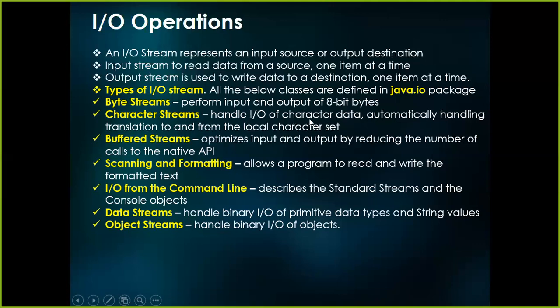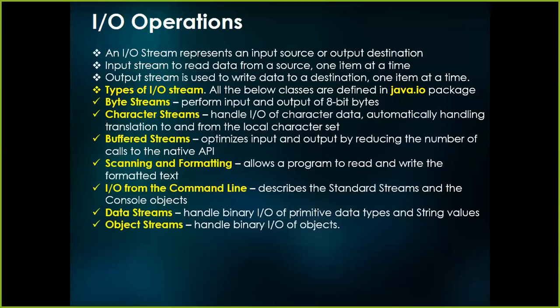Some characters will be of 2 bytes, 3 bytes, 4 bytes also. So byte by byte means you will read 1 byte at a time, and character streams means you read 1 character at a time.